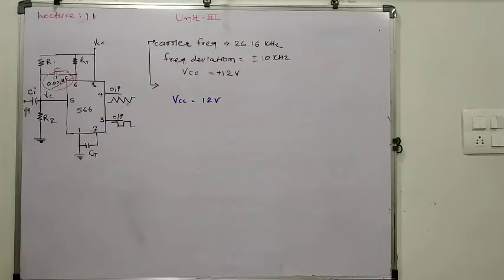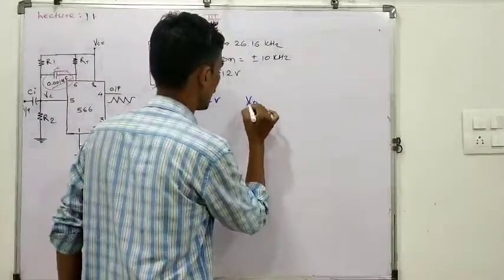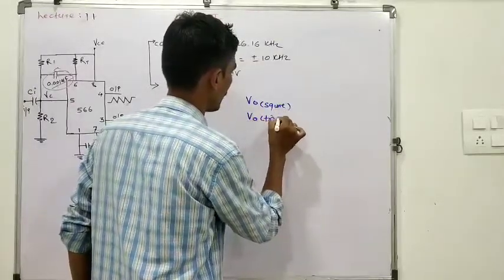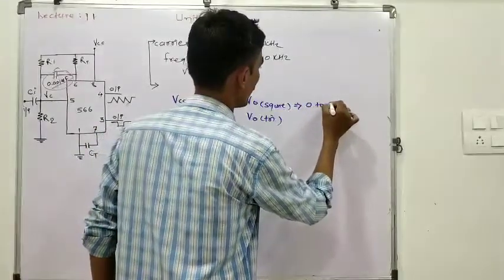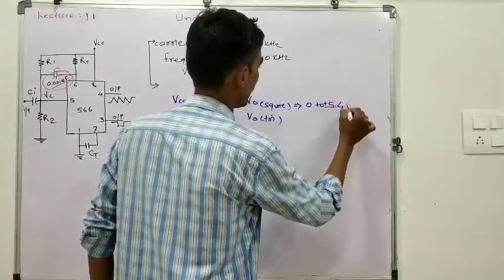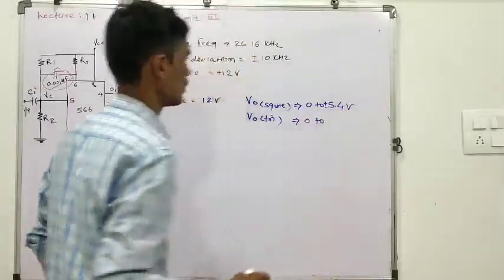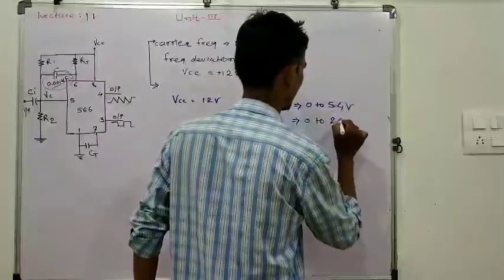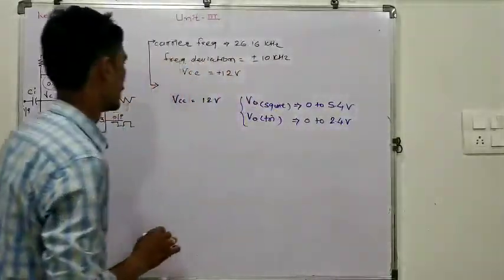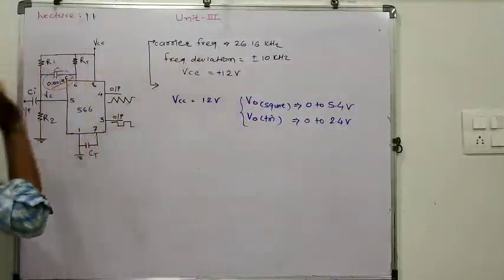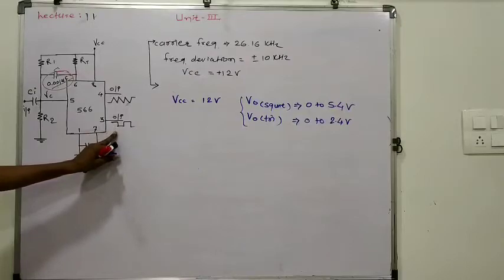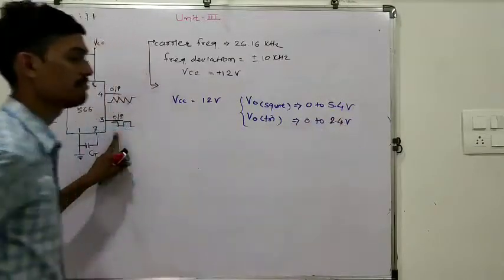We know that VO square and VO triangular are, for VCC equal to 12 volt for the 566, the output of the square wave varies with an amplitude of 0 to 5.4 volt, and for the triangular wave the amplitude is 0 to 2.4 volt.